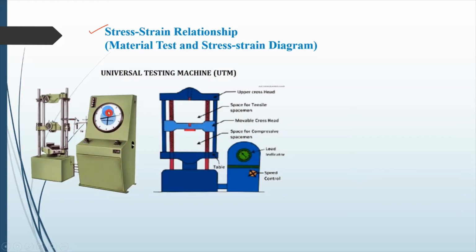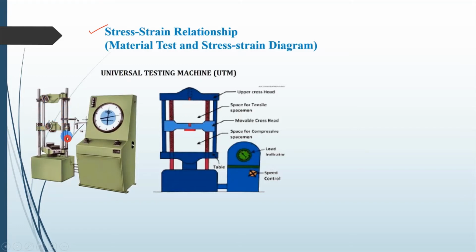Now if you see the actual photograph of the UTM, it has an upper crosshead. It is connected to a non-threaded rigid column. It is rigidly connected to the lower crosshead by using these two columns. Now the second one, that is the movable or middle crosshead, is connected to a threaded column.